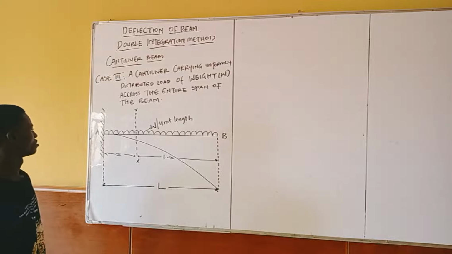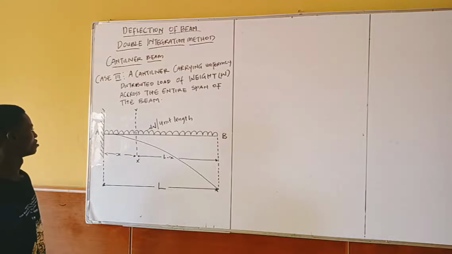And don't forget that my x is 0. So automatically this one is going to be 0. If this one is equal to 0, this one also will be equal to 0. Then I'll be left with WL4 over 24. So in this case, what I am left with is what?